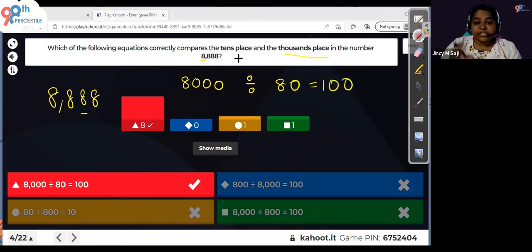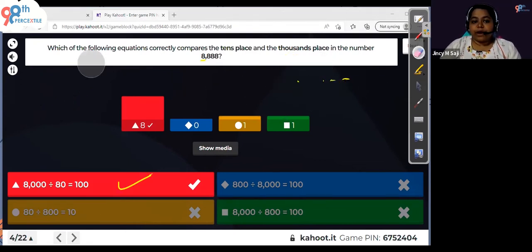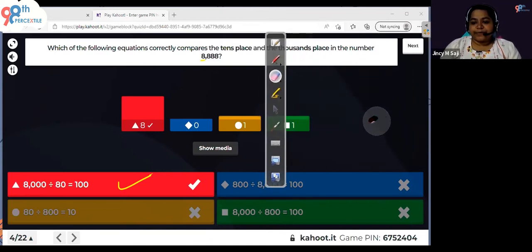So there is a difference of the hundreds place between the thousands place and the tens place. That's why this answer is correct. Is it clear to everyone? Can I get a thumbs up if it is clear to everyone?